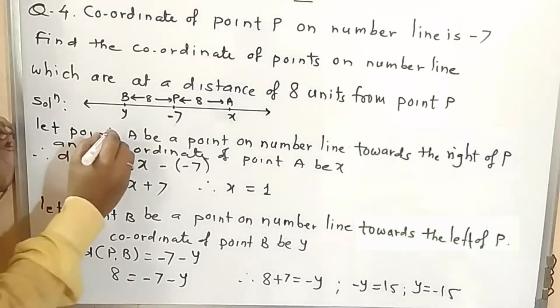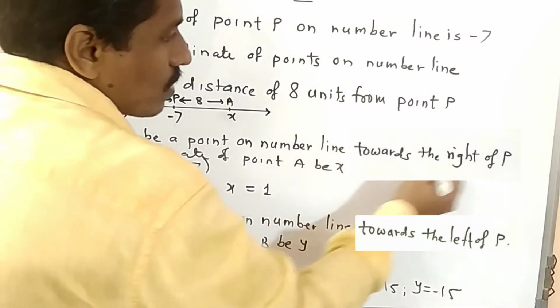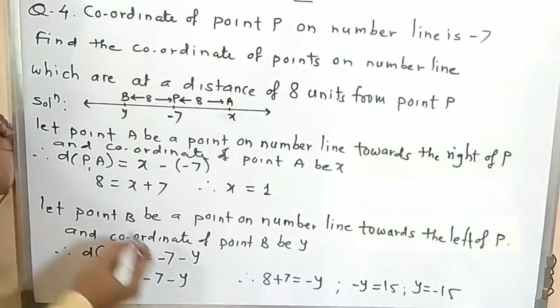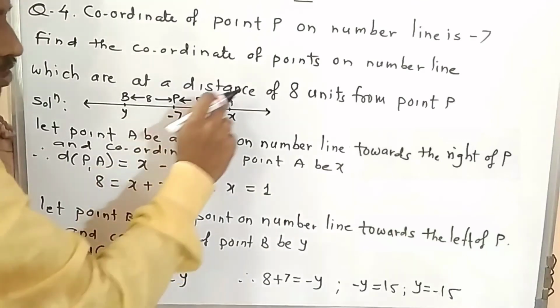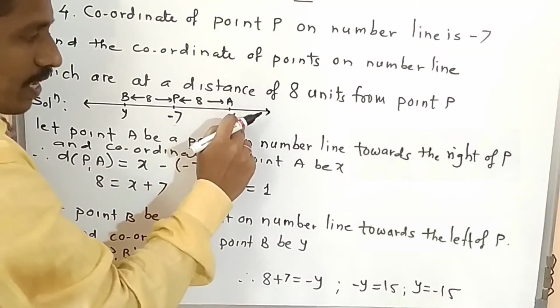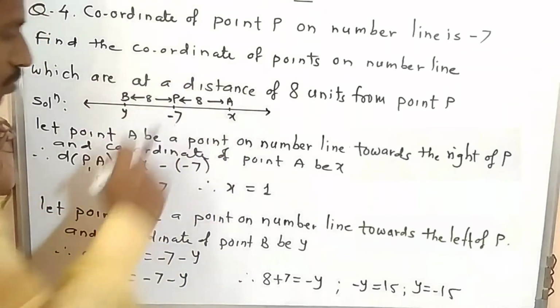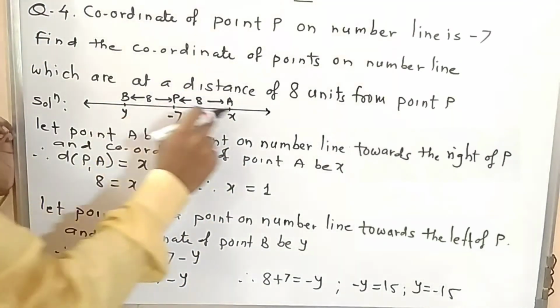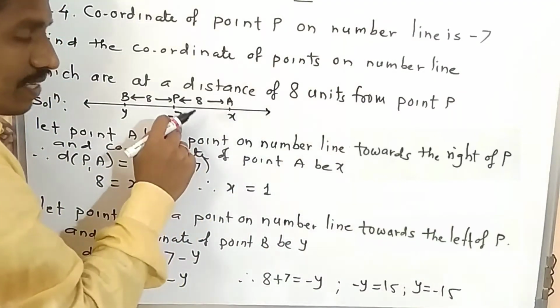Solution: let A be the point on the number line towards the right of point P, and the coordinate of point A be x. This is the point A whose coordinate is x. Distance between point P and point A is 8 units. Since x is on the right hand side, definitely x is greater than -7.